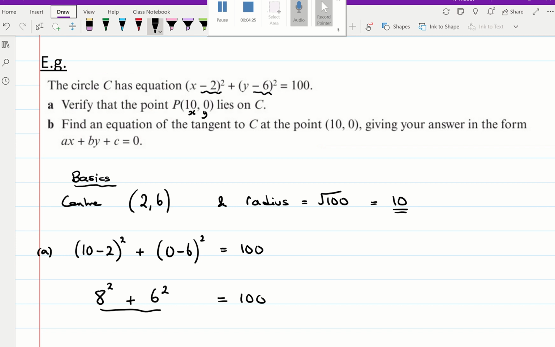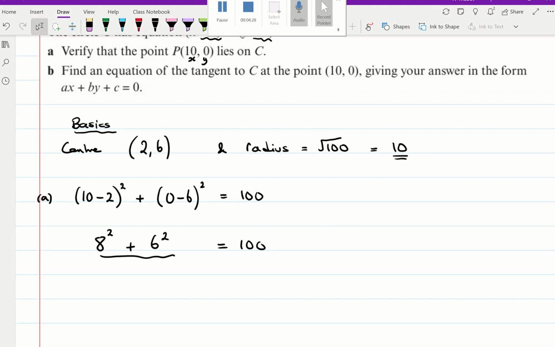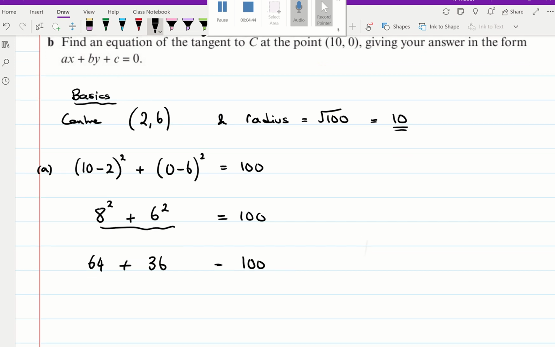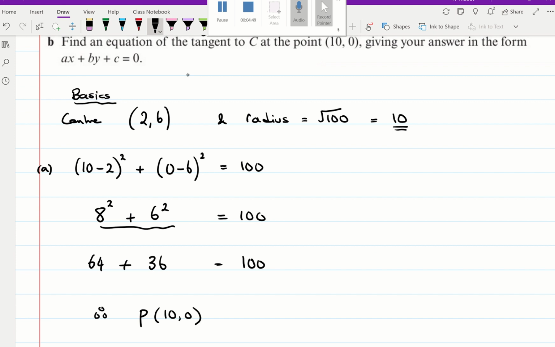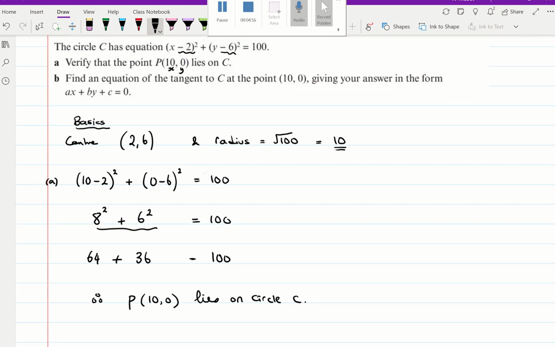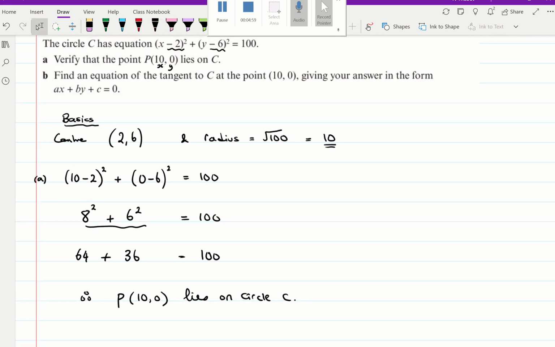And let's check that those two give us 100. So 8 squared is 64, and 6 squared is 36, and 64 plus 36 does in fact give us 100. So therefore it lies on circle C. I've shown that these coordinates fit into the equation of the circle.